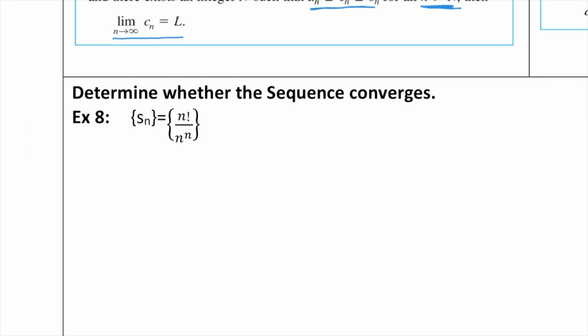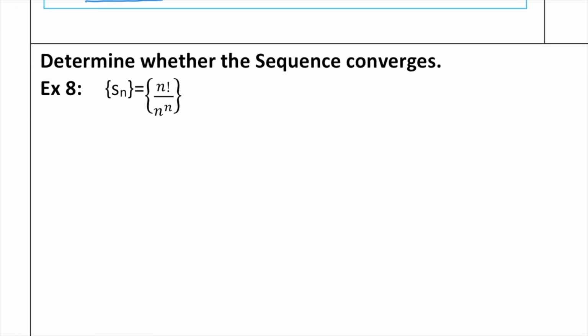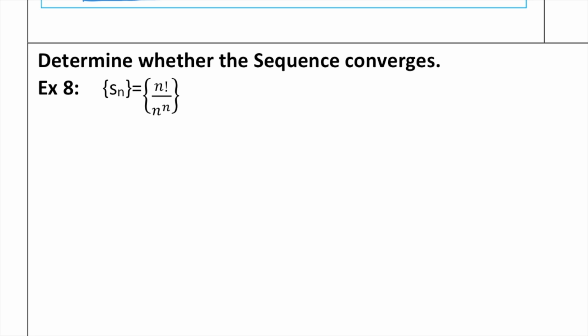Let's check out an example. Example 8, determine whether the sequence converges. Ooh, all right. So we could tell if it's converging if we're able to trap it between two other sequences. Let's first get an understanding of what S of n is doing. So let's write out a few of the terms. Do you notice that the sequence, after we write out a few terms, is always less than or equal to 1 over n?